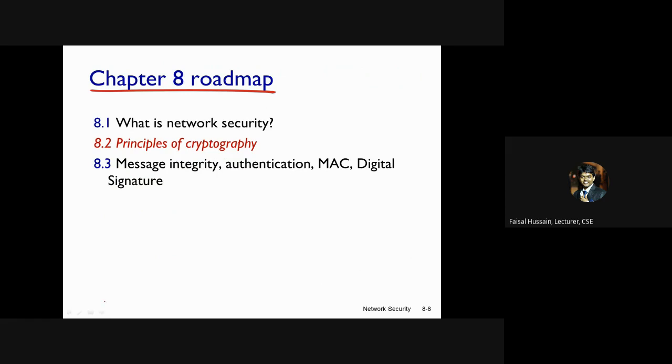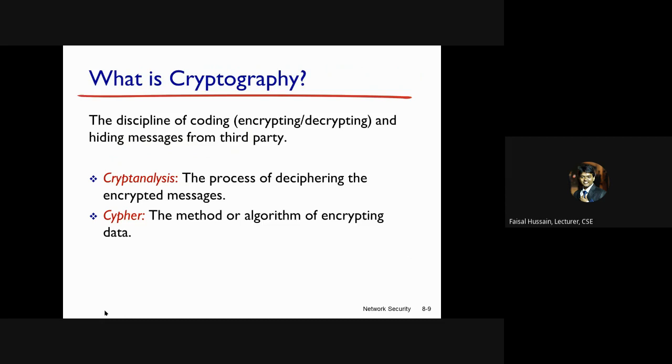Now we'll talk about principles of cryptography. Our main goal is to look into the message integrity part. So how can we give integrity to a message, and to which degree? Cryptography is a process of encrypting plain text into cipher text. Cipher text means the encrypted message, and there are two terms necessary: cryptanalysis and cipher.